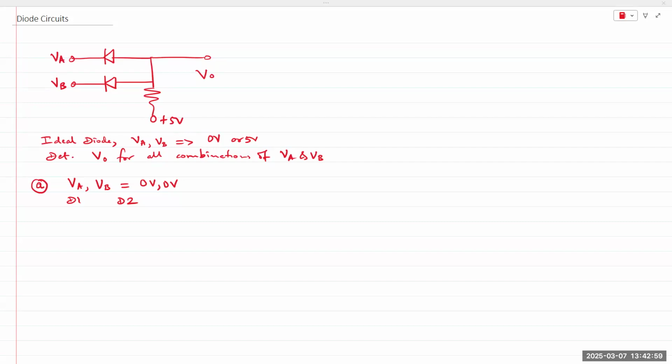Diodes have flipped direction. Input is now being applied to the cathode. Anodes are held at plus 5 volts through the resistor. If we wish to find the voltage being applied to the anode, then we need to find the Thevenin equivalent circuit as seen by the diodes. We can just take one diode at a time.